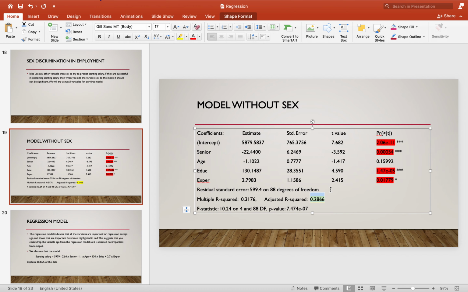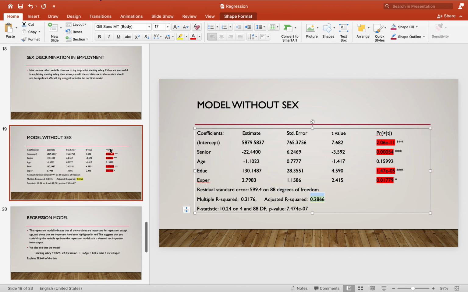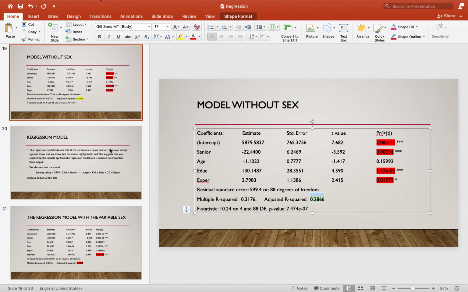Now, the key in this analysis is considering two models, the model without sex and the model with. Now, I'm going to compare the model with sex and see what happens. But first, let's just state a few things. After all, we have this output so we can form the equation.